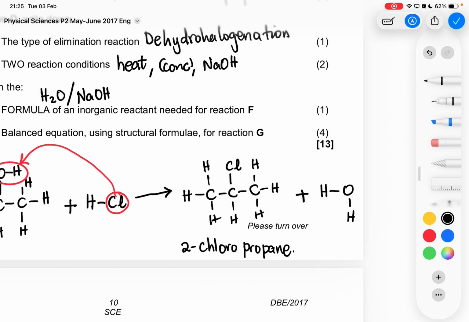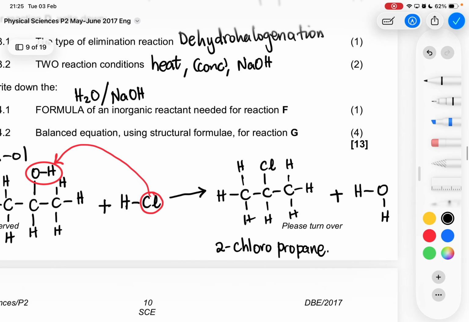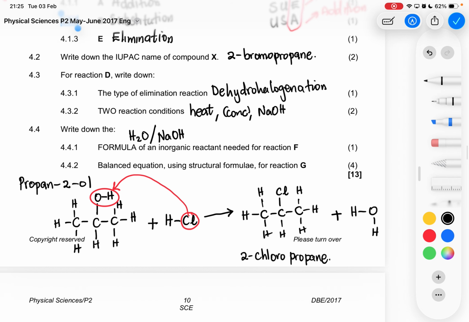So I'm hoping this is making sense, right? Let me see with the hearts to show that whatever I've written here makes sense and you are happy about it.